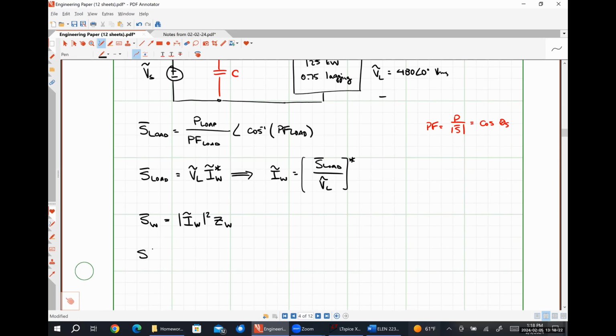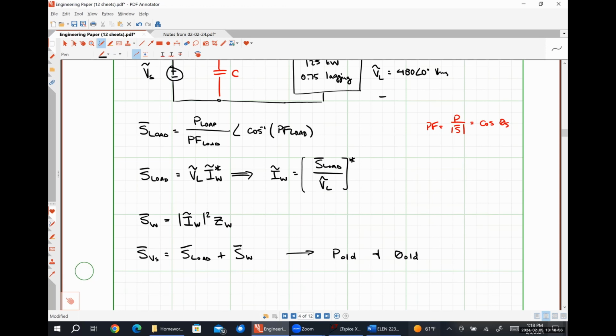And the complex power supplied by my voltage source is then just S load plus SW. This information will give me P old, and it will wind up giving me theta old.